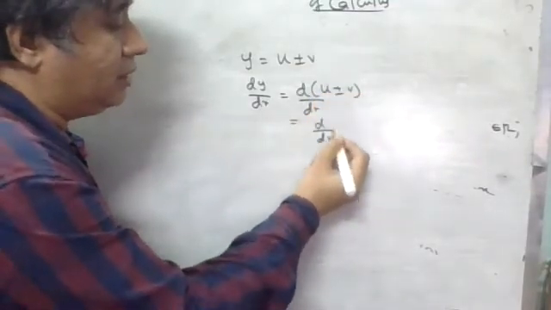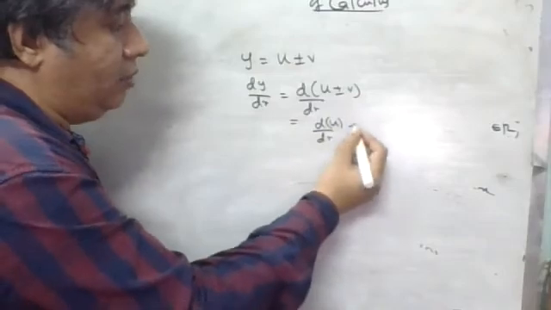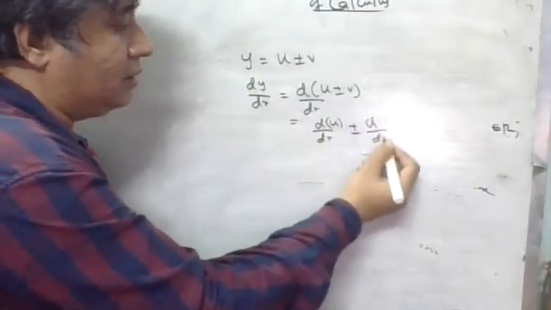Now split: d/dx of u plus or minus d/dx of v.